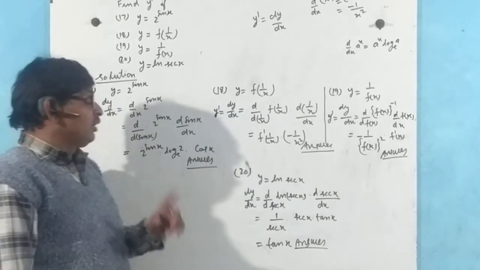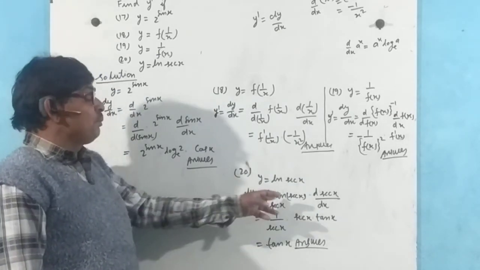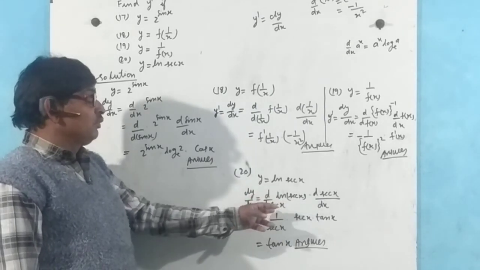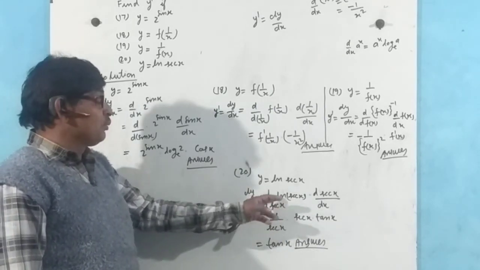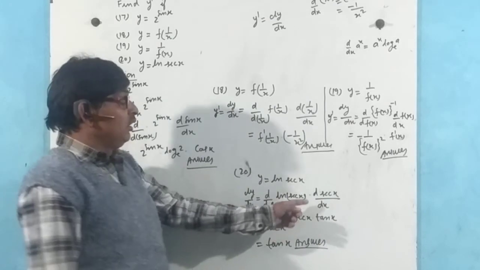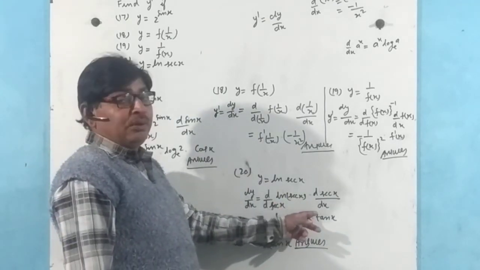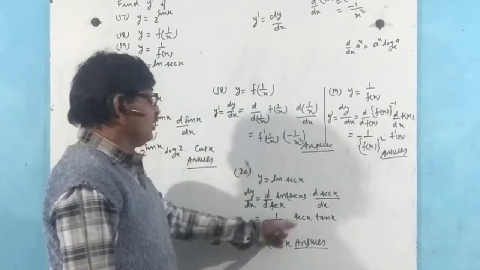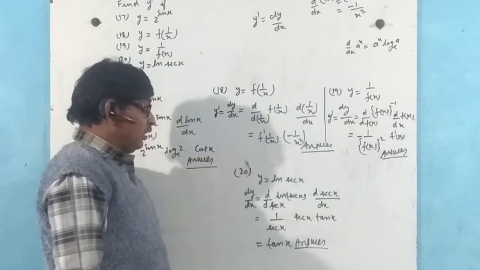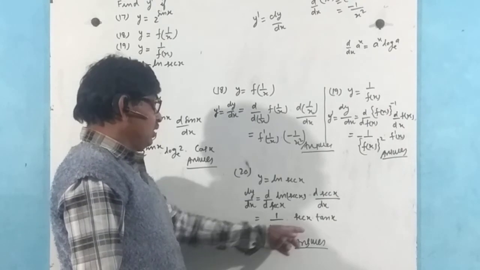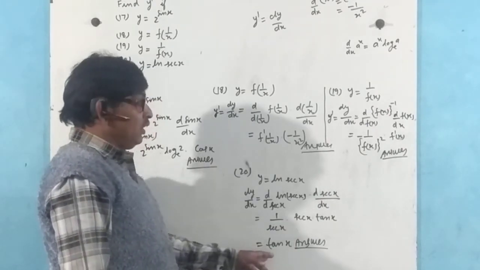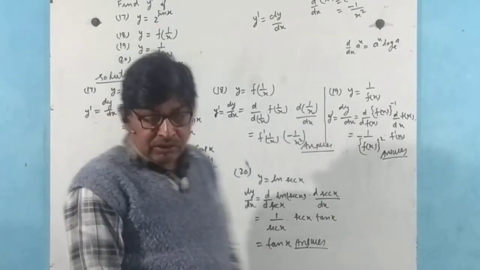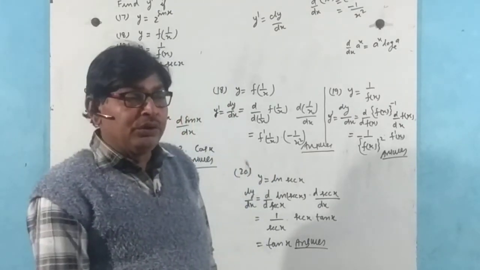In a similar way, d of log sec x with respect to sec x is equal to 1 by sec x, and differentiation of sec x with respect to x is equal to sec x tan x, so that sec x cancels, and this is equal to tan x. This is our answer.